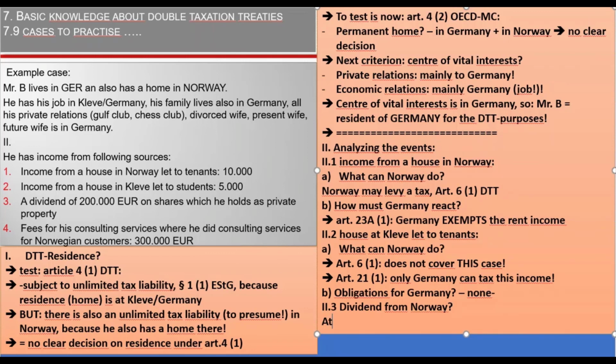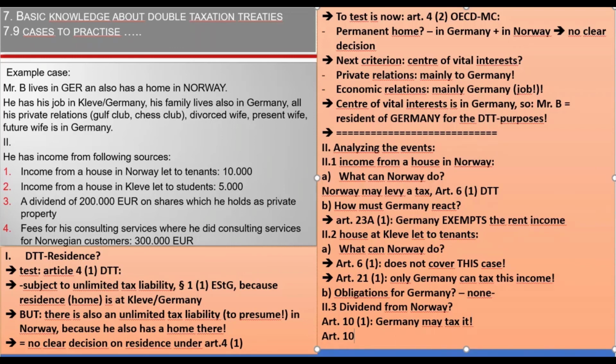Do you remember there was that strange Article 10.1 which said Germany may tax it? But then there was 10.2 which said Norway can also levy the tax of, and now that was either 5% or 15%, and the 5% were only for a parent company with 25% participation at least.